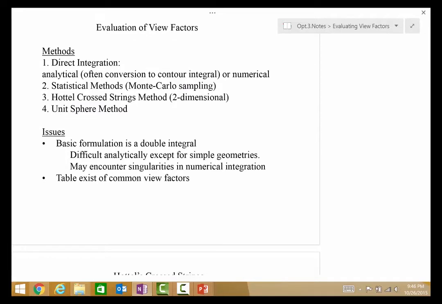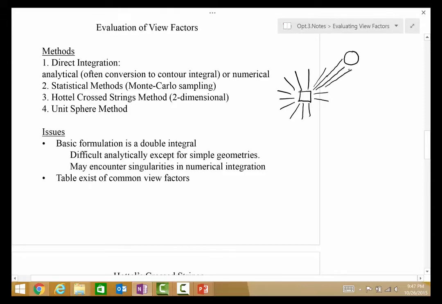More generally, though, in evaluating view factors, there are several methods that are used. One is direct integration, and this is oftentimes very difficult because it involves contour integration or numerical integration of those double integrals. Another is statistical methods, or Monte Carlo sampling. For a complicated system, if, for example, I have a square and want to find the view factor to a cylinder, you might send off rays in many different directions from this square and ask what fraction of these actually impact this cylinder or the circle.